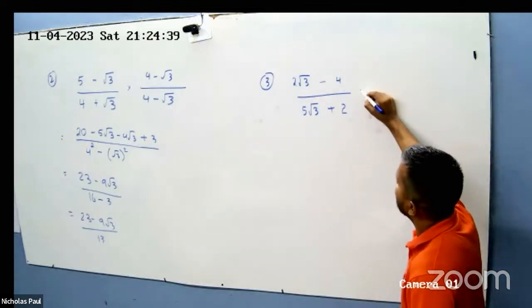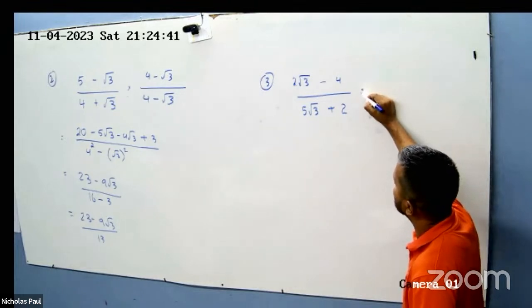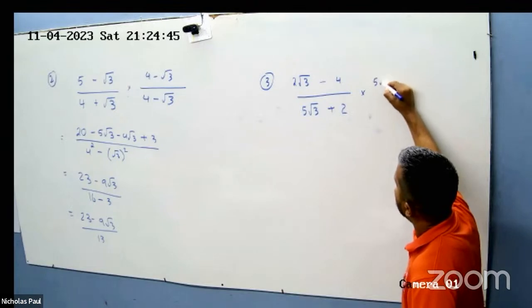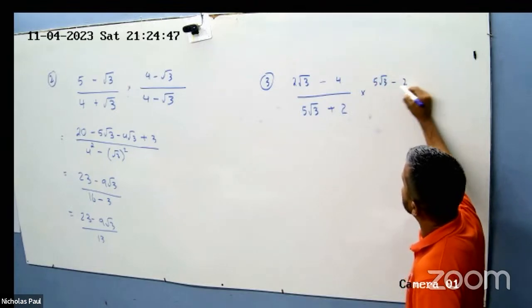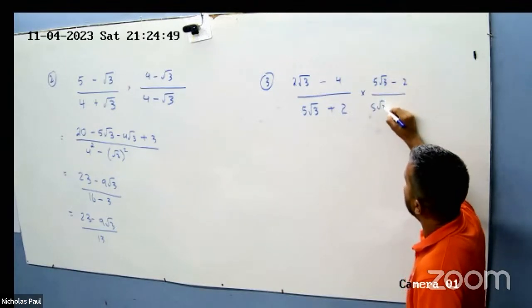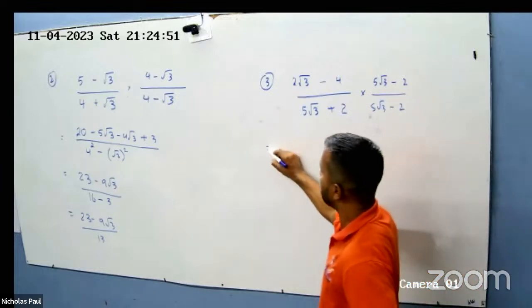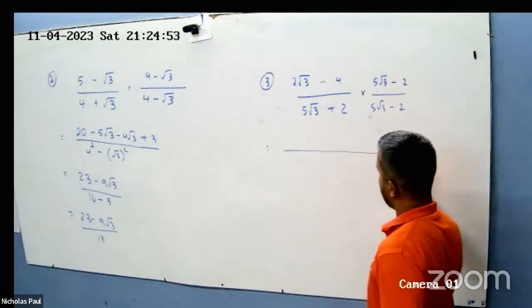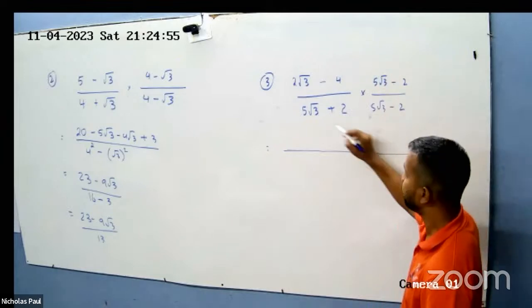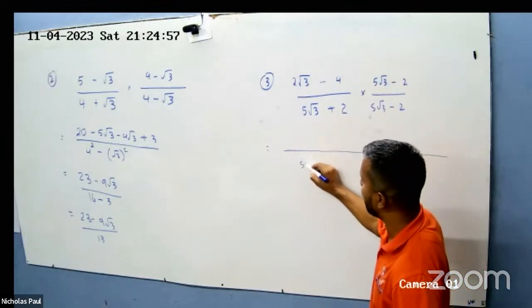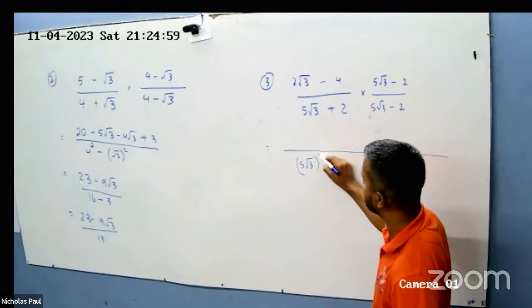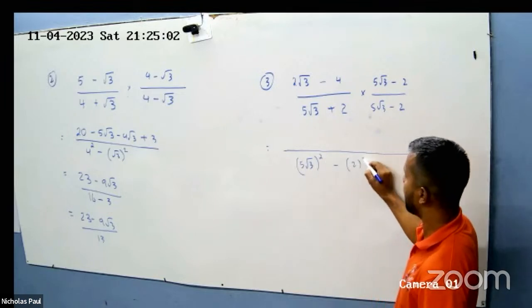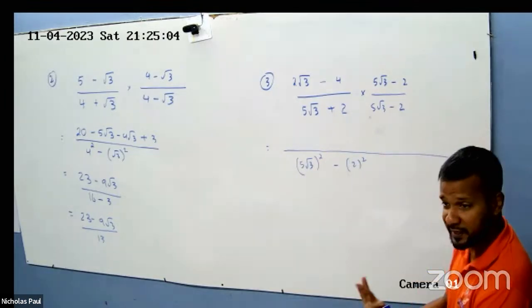If you look here, you're going to multiply this by 5 root 3 minus 2 all over 5 root 3 minus 2. But some people who are not seeing it are going to do it the long way. We're going to write it all out, right? So the denominator is always going to be 5 root 3 squared minus 2 squared. Everybody see the denominator?